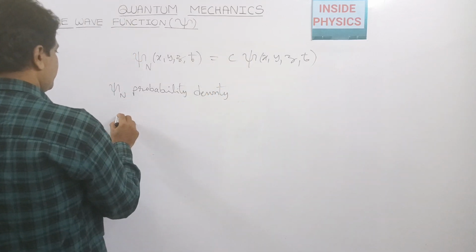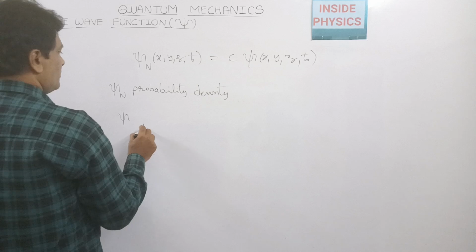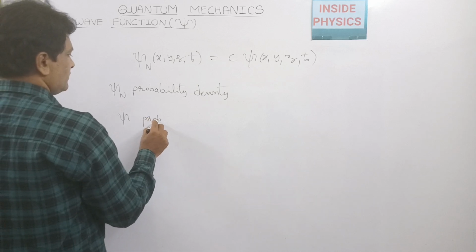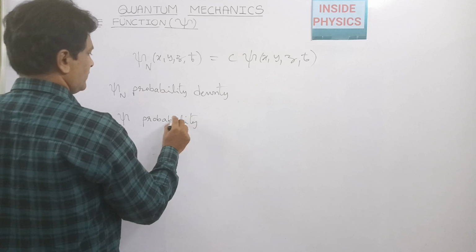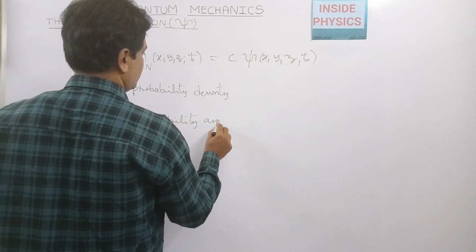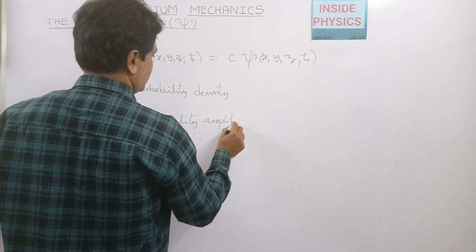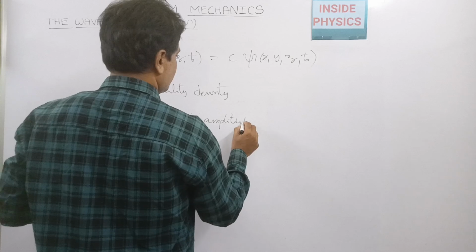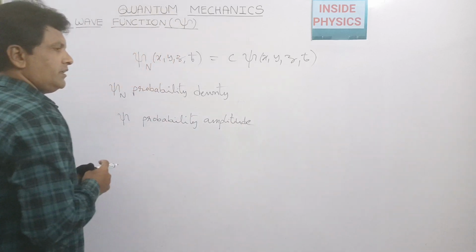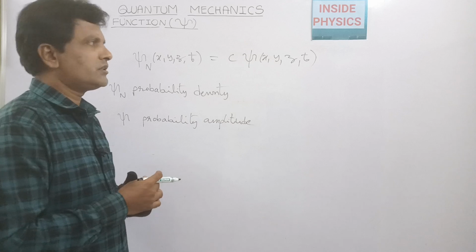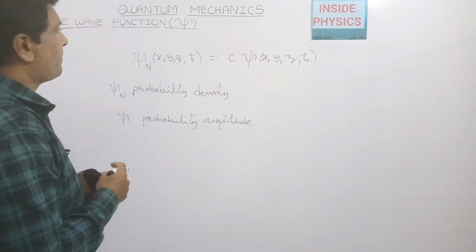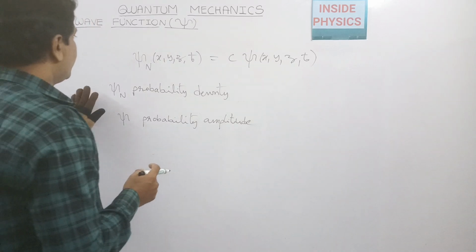So here psi represents probability amplitude. See, probability and probability density, both signify almost the same thing.